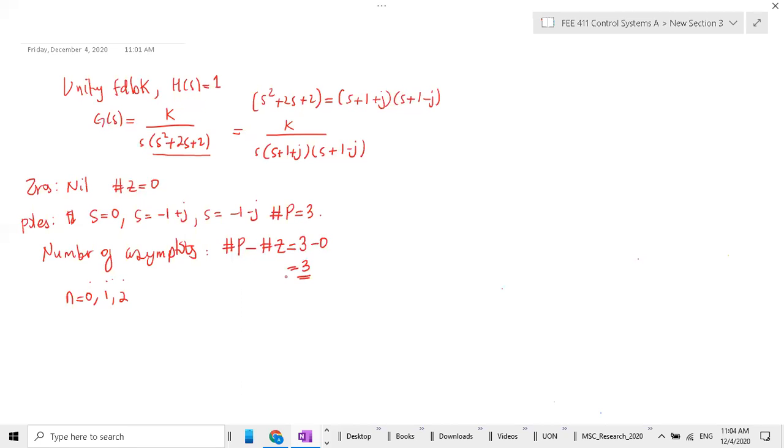So the directions are given by that. At phi 0, where n is equal to 0, we'll have 60. At phi 1, we have 180. And at phi 2, we have 300.